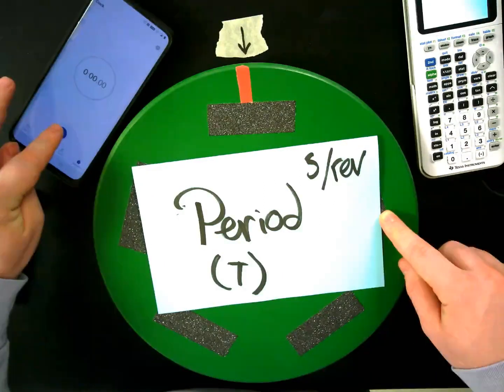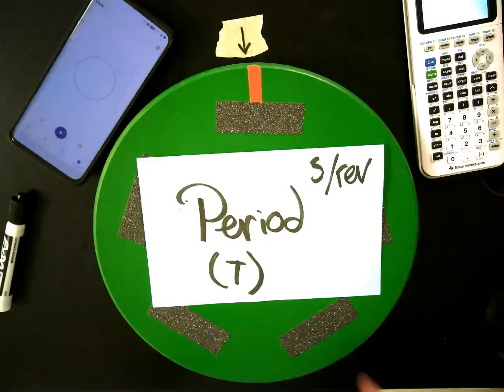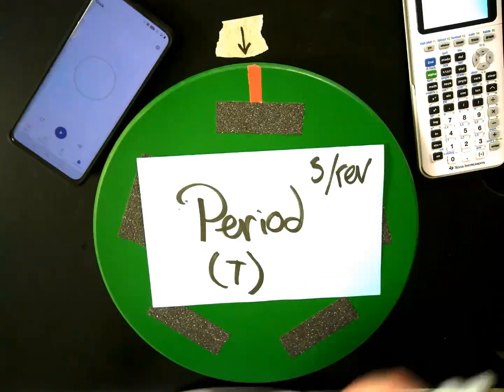So let's give this a go. 3, 2, 1, go. 1, 2, 3, 4, and then 5. Okay, actually not too bad. We had roughly the same time, and that was literally just me trying my best to match that velocity.